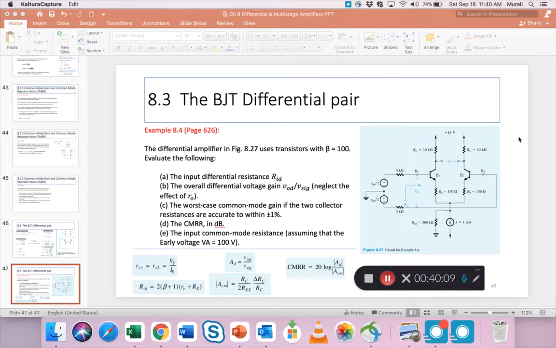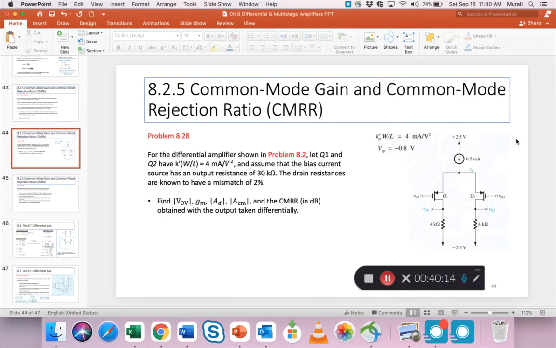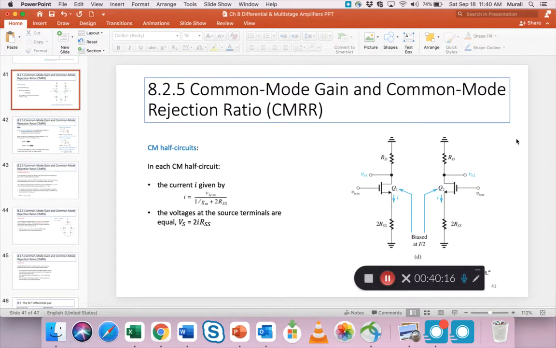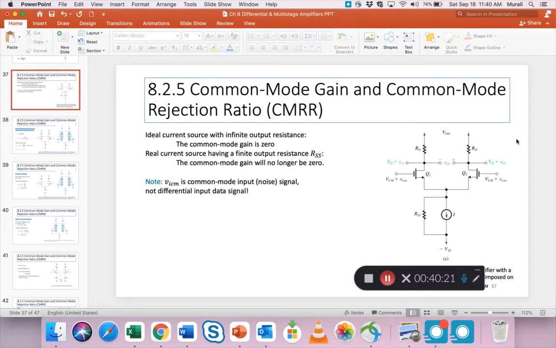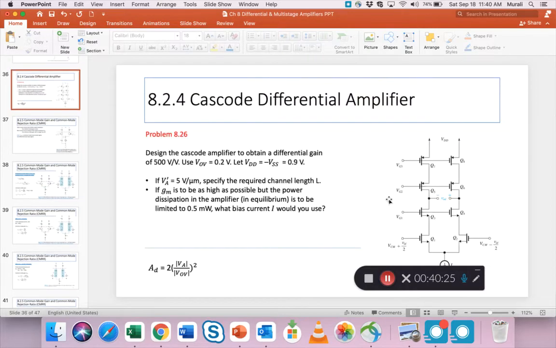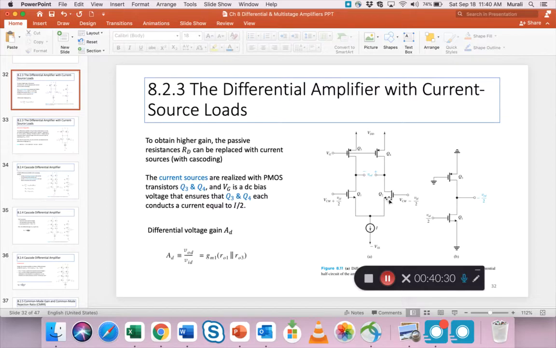So let me show you what I mean. I have to go backwards a little. Yeah, in this example, for example, figure 811, you see how the input is applied, VCM plus VID by 2 and VCM minus VID by 2, right?